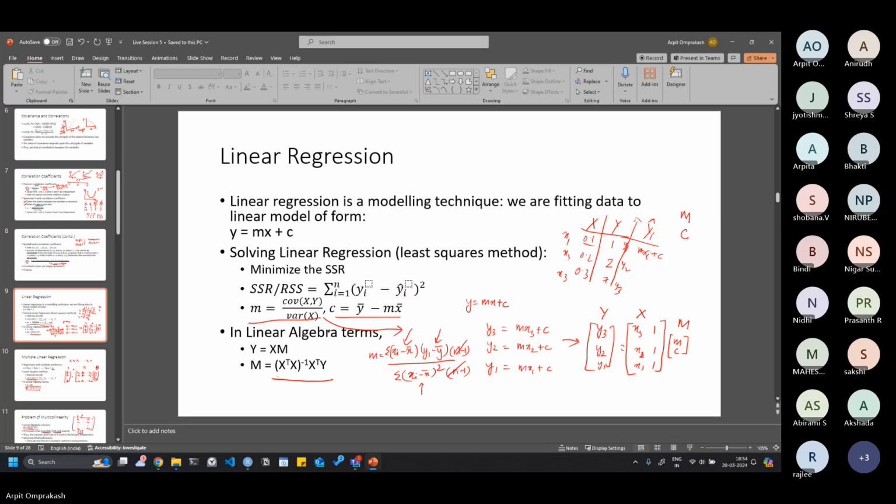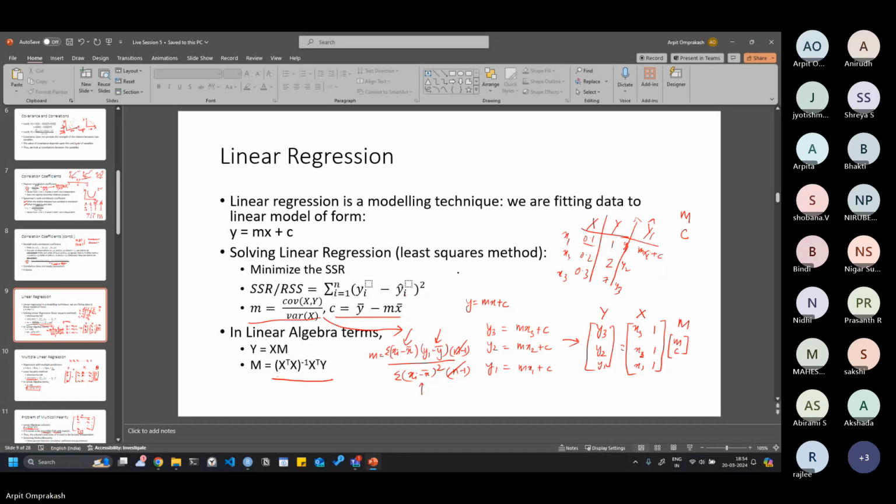Here y hat is the value that is predicted by our model. So we get values that our model predicts based on the parameters M and C, and we get some residual sum of squares. Then we try to minimize that residual sum of squares by modifying the values of M and C till we get an appropriate value.